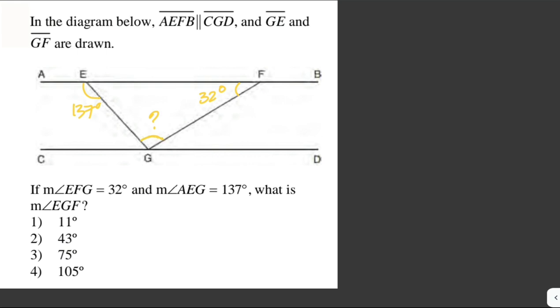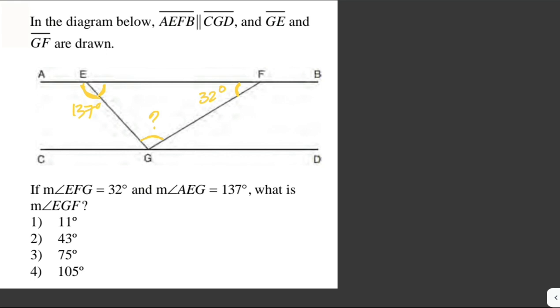Since this forms a triangle and one of the angles is given, which is equal to 32 degrees, and this exterior angle is equal to 137, since AEFB is a straight line, that means this angle and this angle are supplementary, which means their sum is equal to 180 degrees.